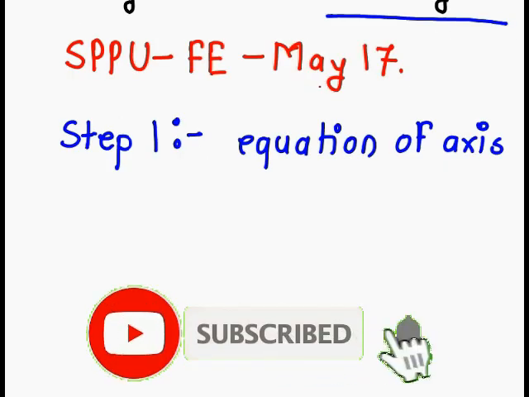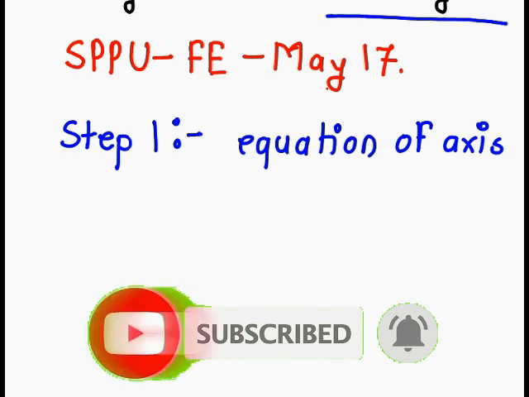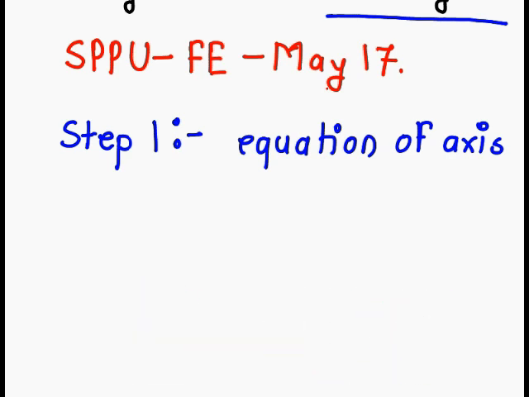So first of all, we write the given equation of an axis in a standard format. What is a standard format? So here we want to remove the 6, minus 3 and 4. So for that we divide it by 12.